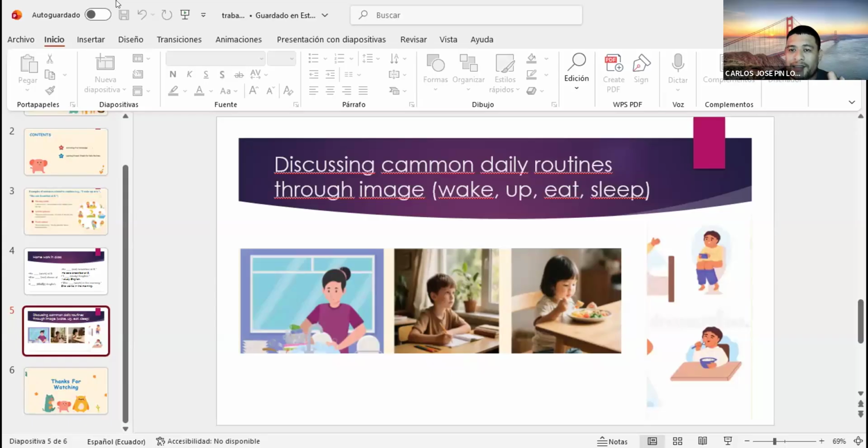Create sentences. For example, what is she doing? What is she doing, Miss Daniela?